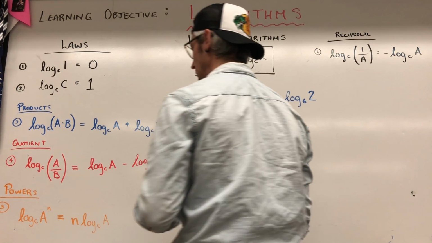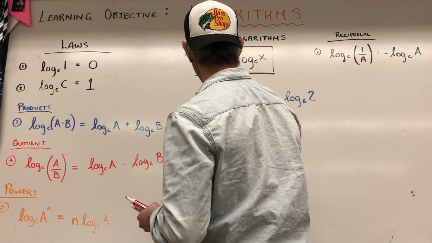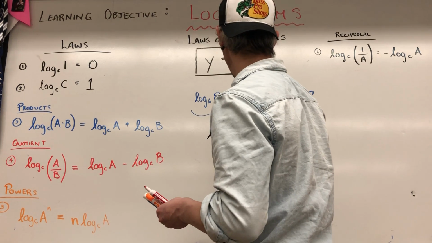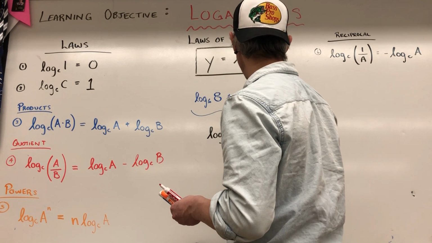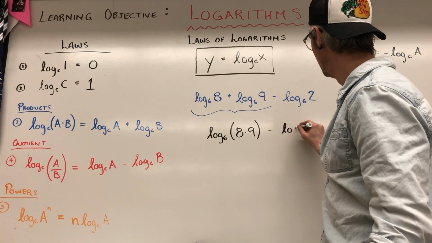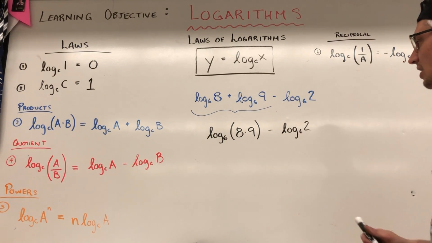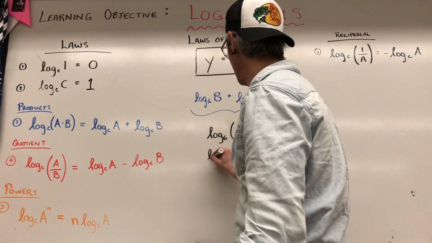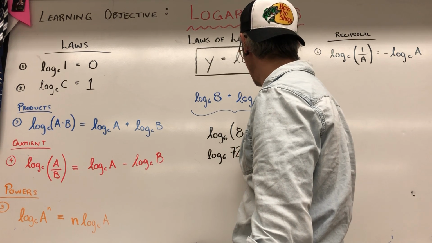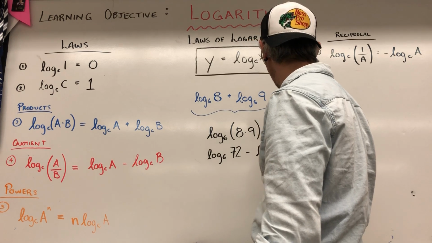So using the product law, I can rewrite that as log base 6 of 8 times 9. Great. Minus log base 6 of 2. 8 times 9 is log base 6 of 72 minus log base 6 of 2.